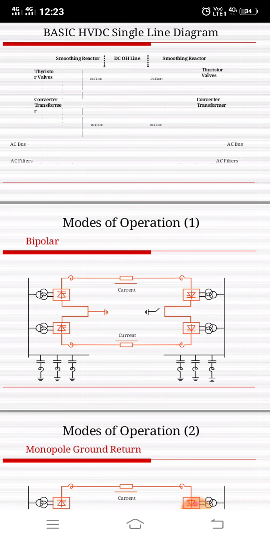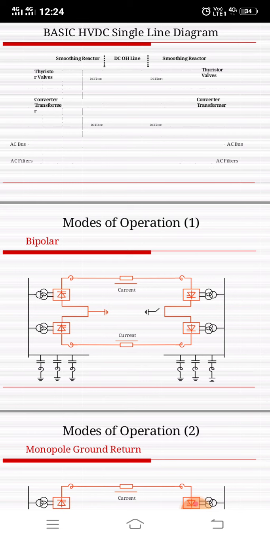The solution provides a high degree of flexibility, again, with respect to operation with reduced capacity during contingency or maintenance. The current of the sound pole will be taken over by the ground return path and the faulty pole will be isolated.